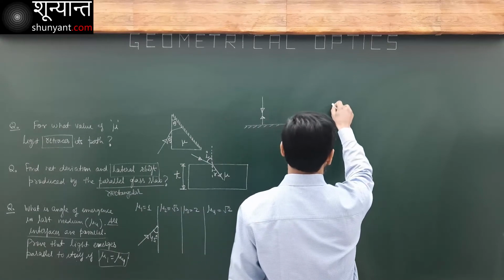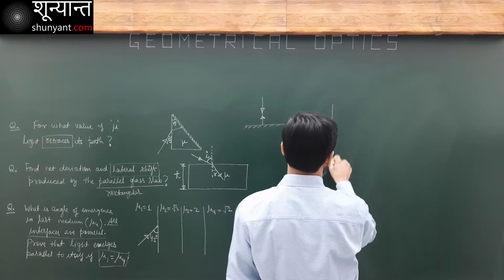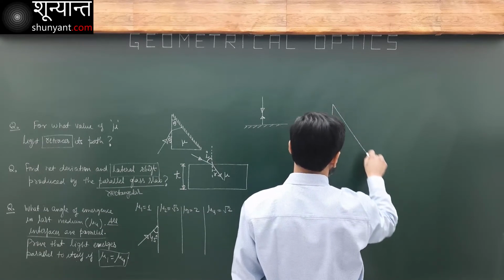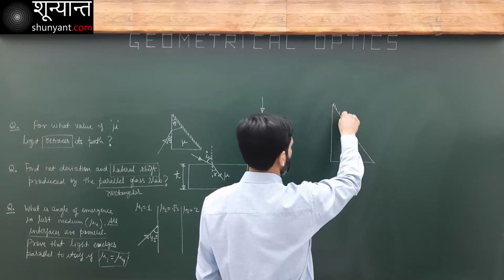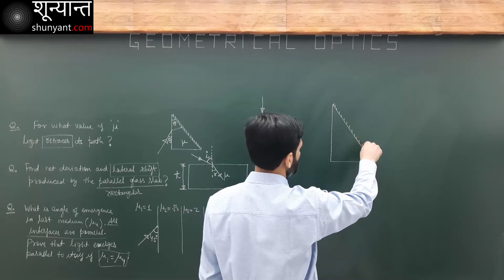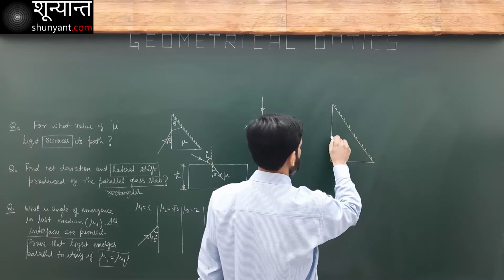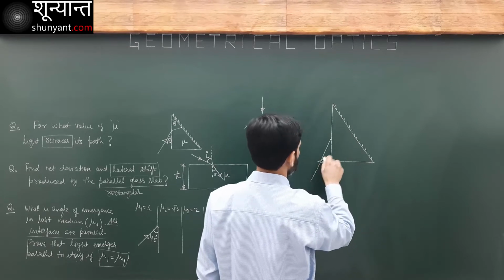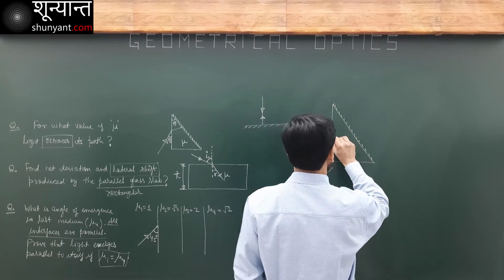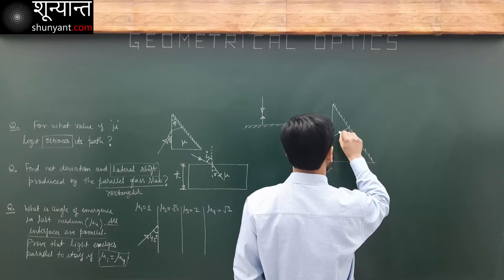Now here we have this situation. This is a mirror. I want this to retrace. It will retrace like this. This angle is theta. To retrace, it must hit this surface normally.